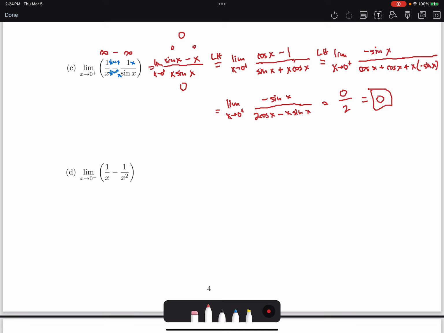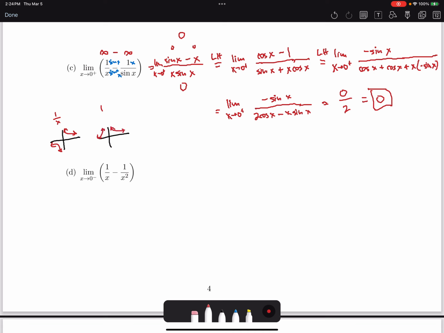So let's look at part D. We have limit as x approaches 0 from the left of 1 over x minus 1 over x squared. Okay, let's take a look at these graphs. Here's 1 over x. And here's 1 over x squared.